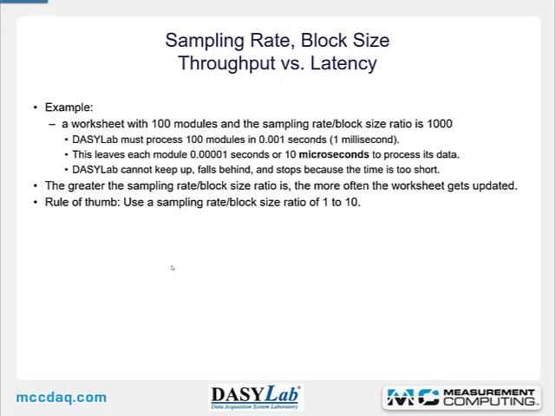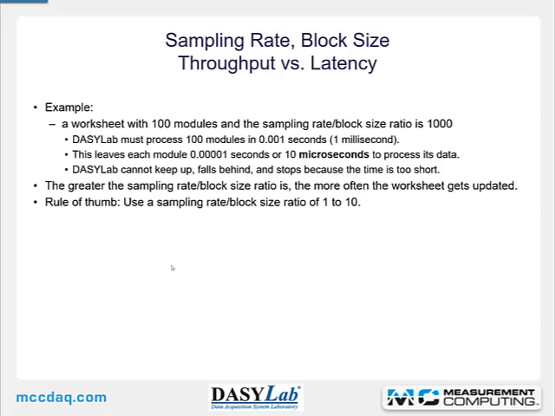Here's why we care. If you have a worksheet with 100 modules, so you've got some complex logic and a bunch of channels, and your sampling rate block size ratio is 1,000. So for example, you're collecting at 1,000 samples per second with a block size of 1. DASYLab has to process 100 modules in a millisecond.